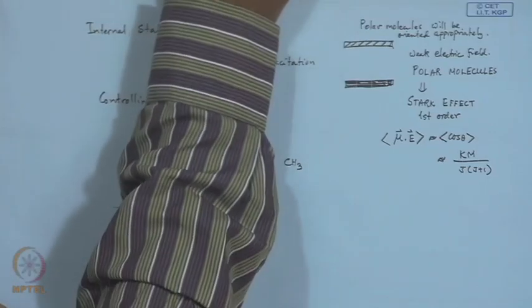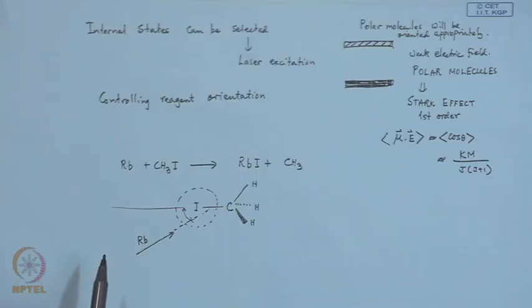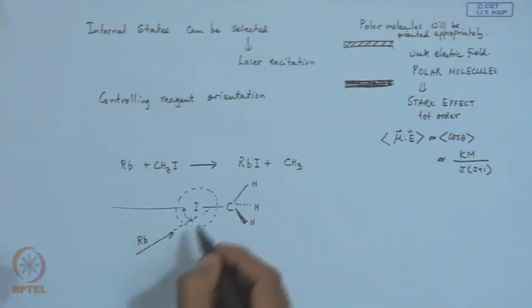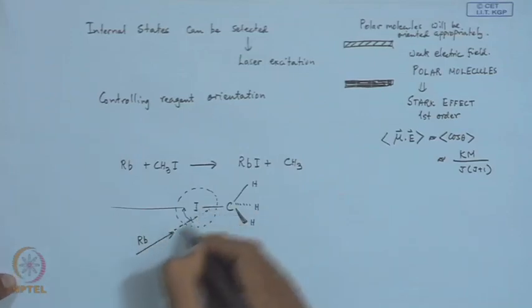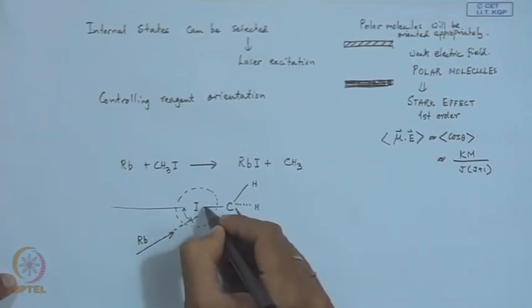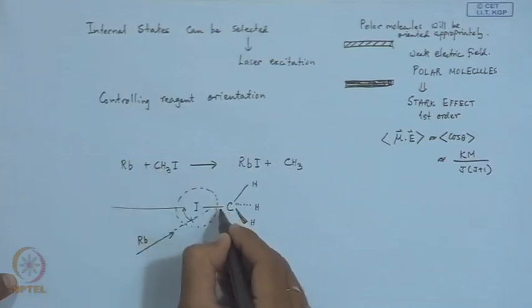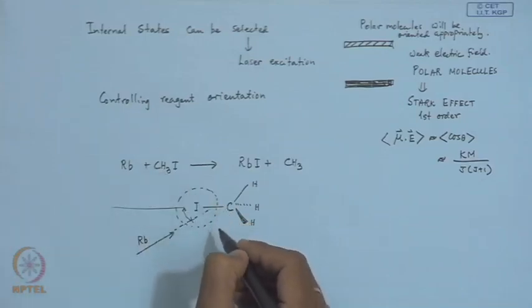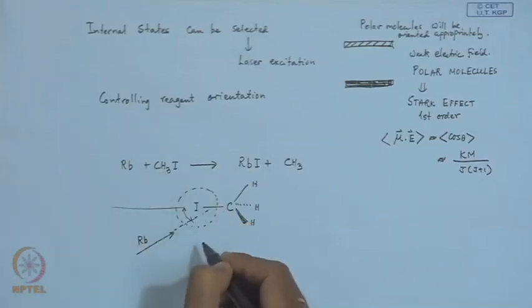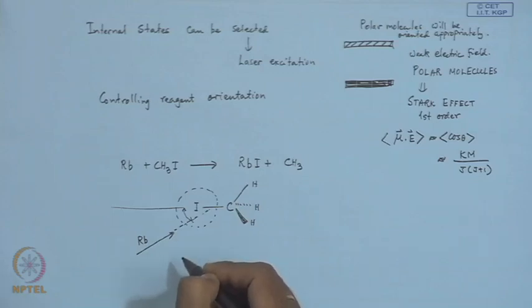If you want more details on that, you can go through Levine's text. If it is attacking from this side, or this side, or this side, the amount of backscattered product you get is more or less, and that will give you the idea.